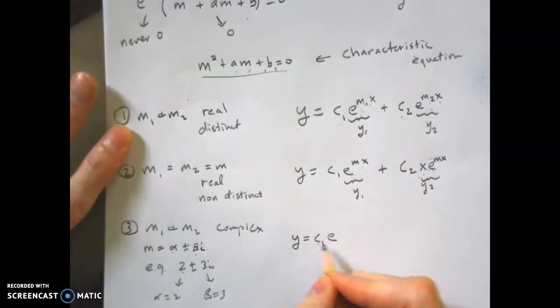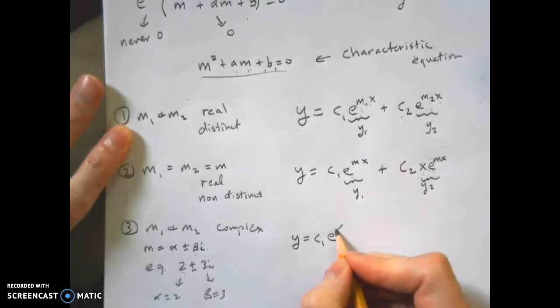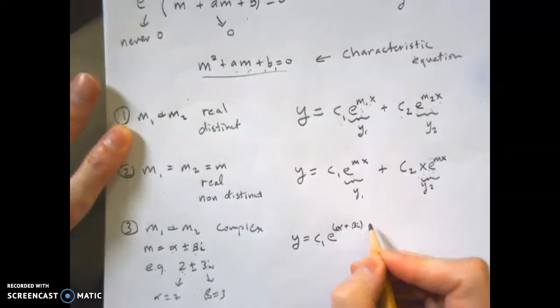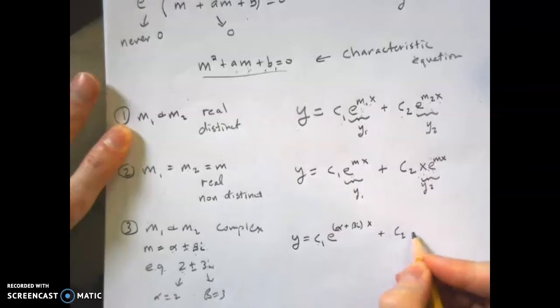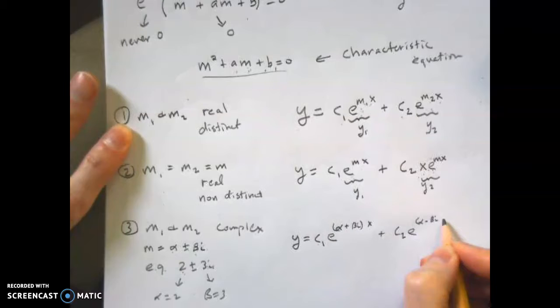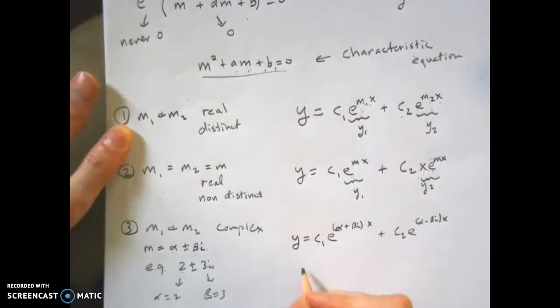So this would be c1 e to the alpha plus beta i times x plus c2 e to the alpha minus beta i times x, okay?